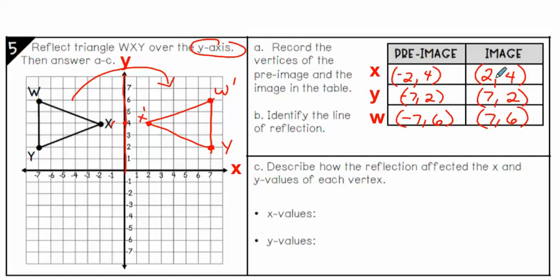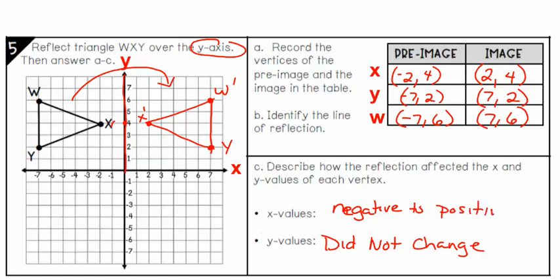The only thing that changed, remember I'm reflecting over the y. In this case, did my y values change at all? No. My y did not change. But my x values went from negative values to positive.